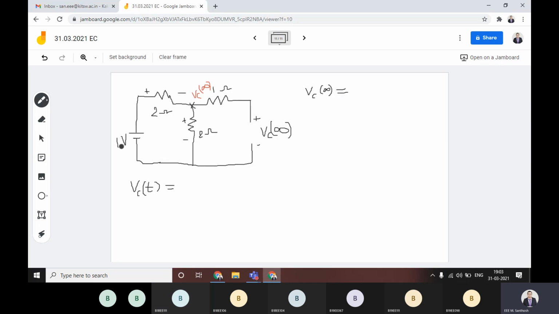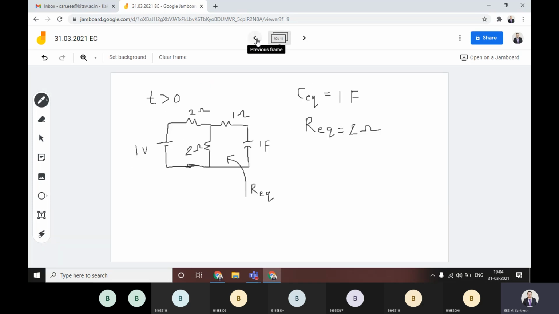This is 1 volt and 2 ohm, 2 ohm, both connected in series. There is no current flow through this one. If you calculate voltage across this one, that is the value. Here 1 volt, 2 ohm, 2 ohm both equal, so 0.5 will appear here, 0.5 here. Directly this value is equal to 0.5 volts.